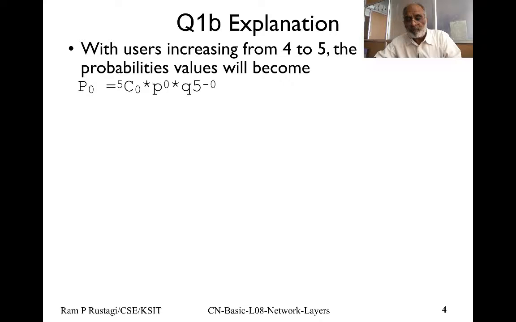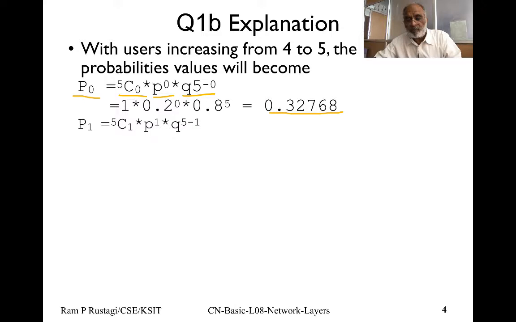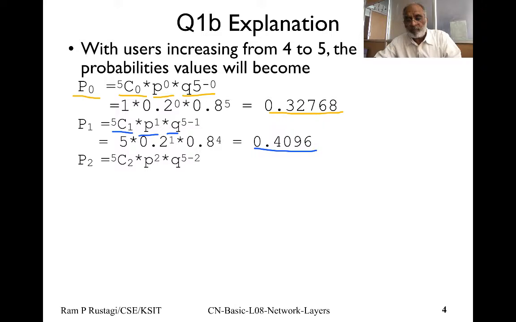So let's take the first approach. P0 is given by 5C0, P raised to power 0, Q raised to power 5 minus 0, which is 0.32768. The probability of one user transmitting is 5C1, P raised to 1, where P is equal to 0.2, Q is equal to 0.8, and this comes out to 0.4096. The probability of two users transmitting is 5C2, P is 0.2 raised to power 2, Q raised to power 5 minus 2, which comes out to 0.2048.